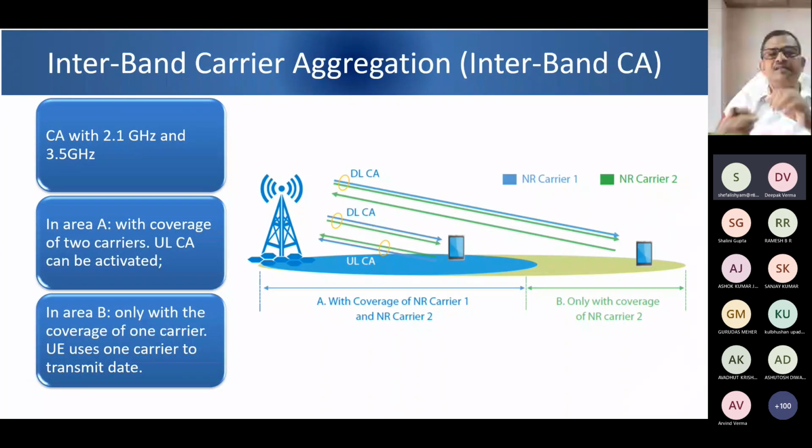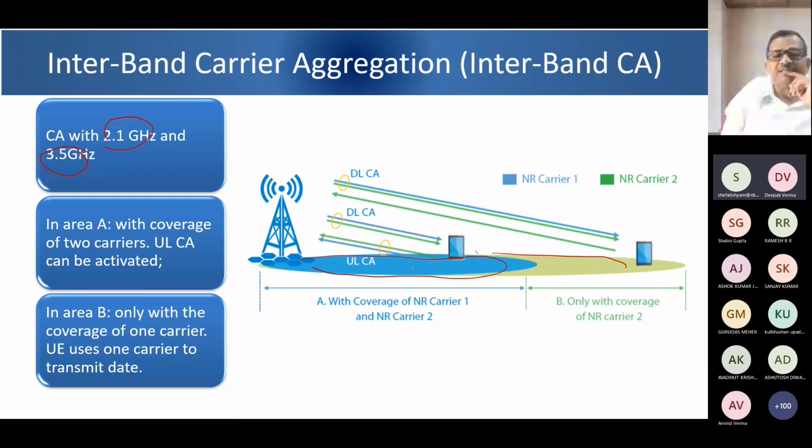Now let's look at the other use case. In this example, we are talking about both carriers of 5G but on different frequency bands. It's a similar one. So say 2.1 gigahertz and 3.5 gigahertz, two carriers. So definitely 2.1 will have a larger coverage and 3.5 slightly smaller.